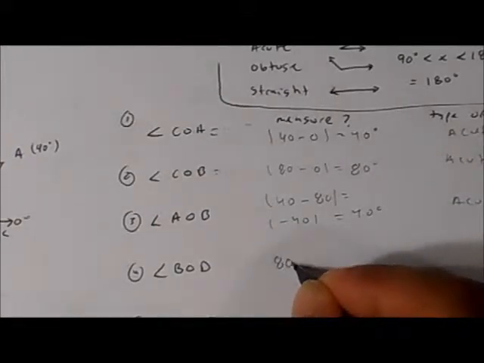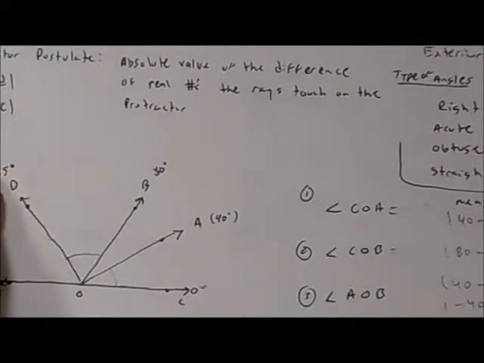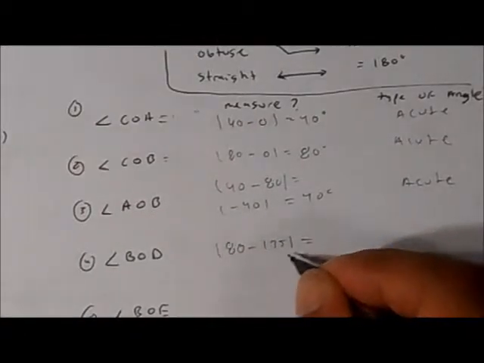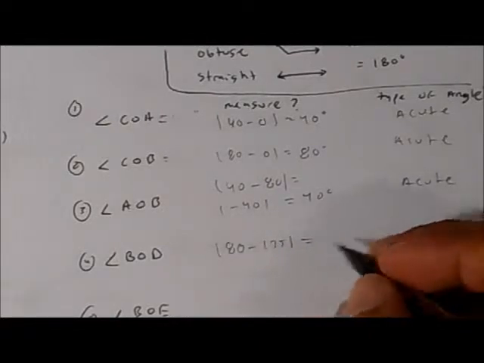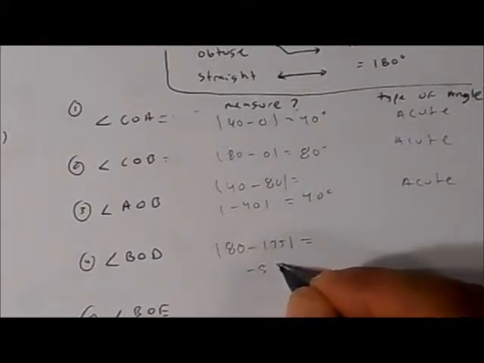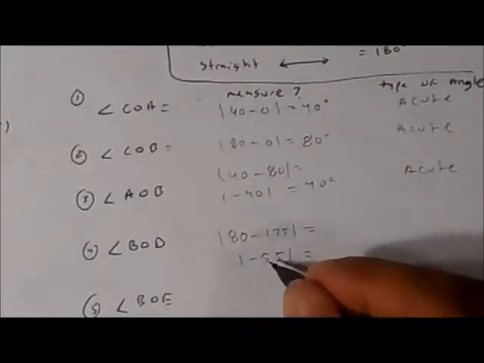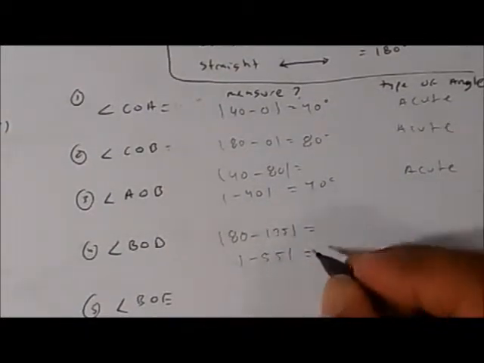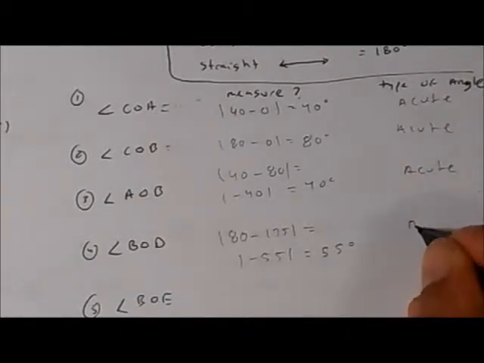So 80 minus 135, which would equal, what's 80 minus 135? Negative 55. The absolute value of negative 55 would be just 55 degrees. So this is another acute angle.